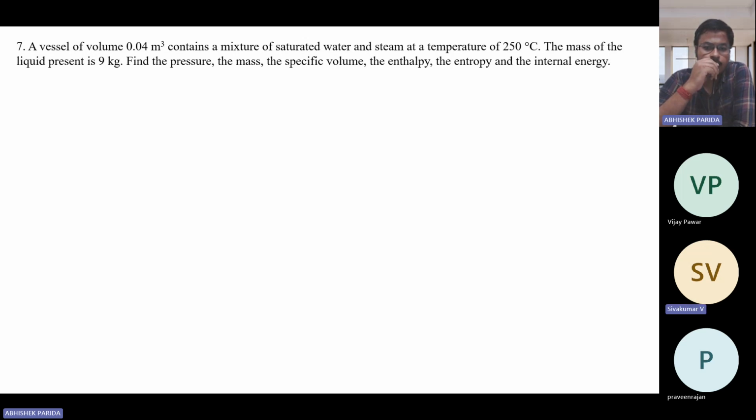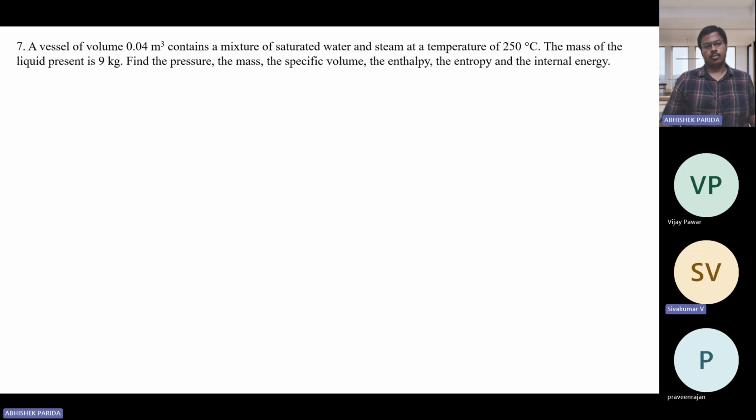I have calculated the volume of liquid. Mass of that liquid is given, 9 kg. I have taken that specific volume value from the steam table, and I multiplied that mass with the specific volume. The total volume of liquid is around 0.1126 meter cube.